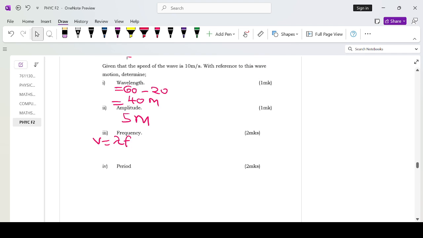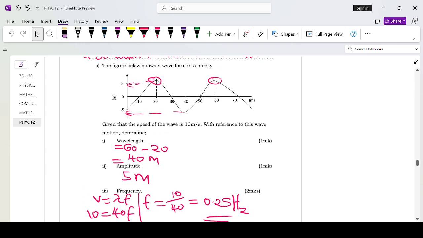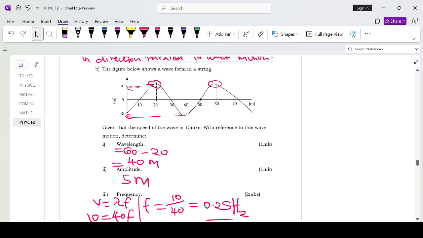The speed is 10 meters per second. So 10 should be equals to lambda, which we got here as 40, times F, which we are looking for. So this will be now F is equals to 10 over 40. That is 0.25. It is frequency, its SI unit is Hertz. 0.25.